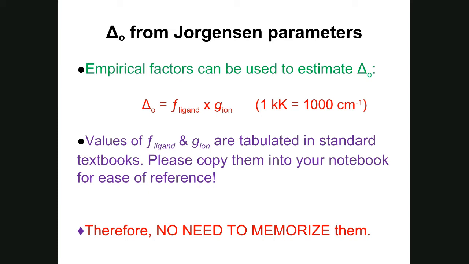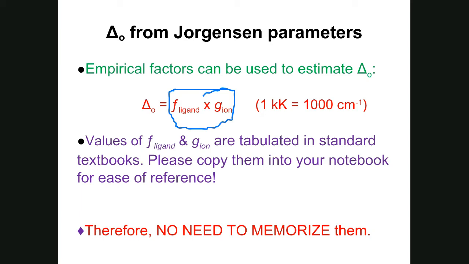You can use them directly without recording the spectrum. You look at your metal ion and its corresponding parameter in the Jorgensen series, and you look at the ligand under consideration in that complex, and you essentially do a multiplication. So the splitting energy in an octahedron can be calculated by taking the product of the f parameter, which is a characteristic of a ligand, and the g parameter, which is a characteristic of a metal ion.